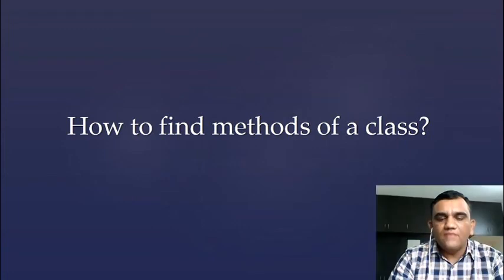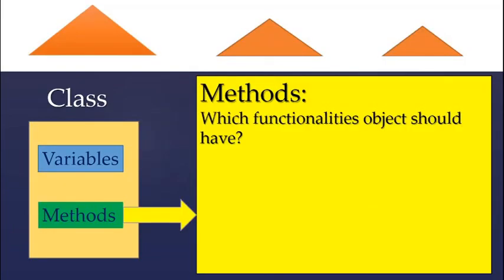Now, how to find the methods of a class? We have already found the variables. Now, the objective will be to find the methods of a class. Let us try to understand that. The methods: which functionalities objects should have, that we have to identify.